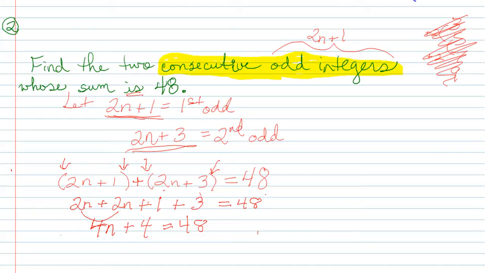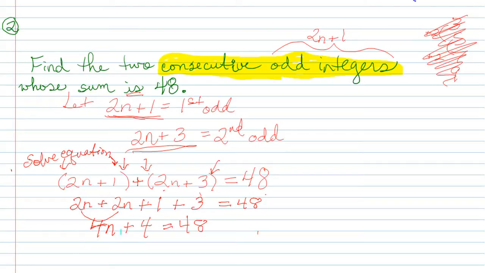So now we want to get n by itself when we want to solve something. Now we want to get rid of first this plus 4. So we're ultimately trying to get the n by itself, right?